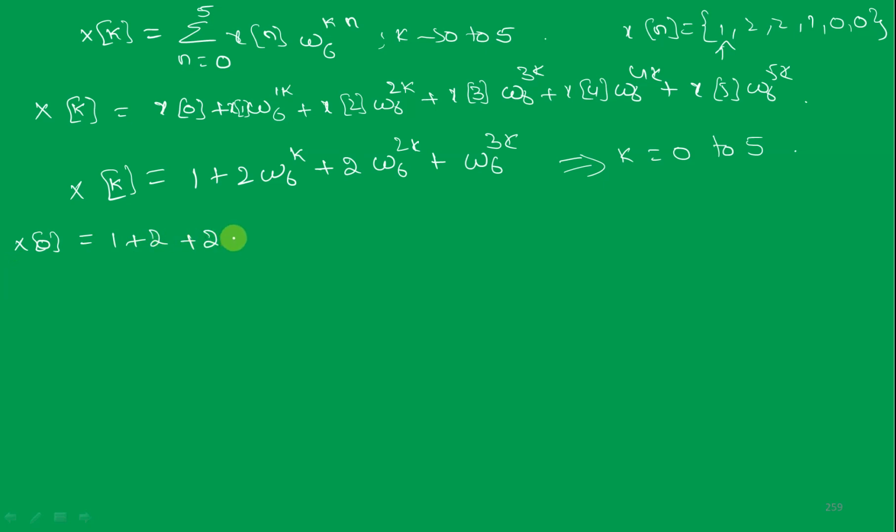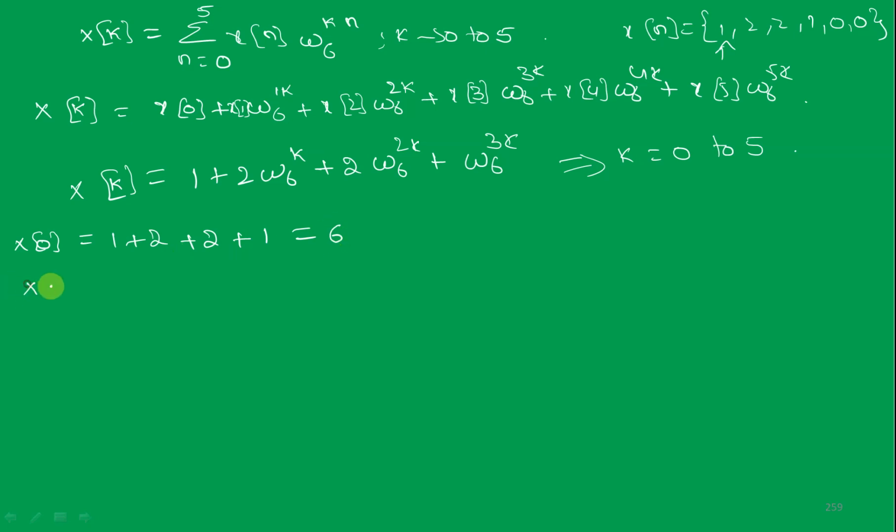Okay, right. So if you apply k equal to 0, all the twiddle factors power 0 give the value 1. 2 plus 2, 4, plus 1, 5, plus 1, 6.